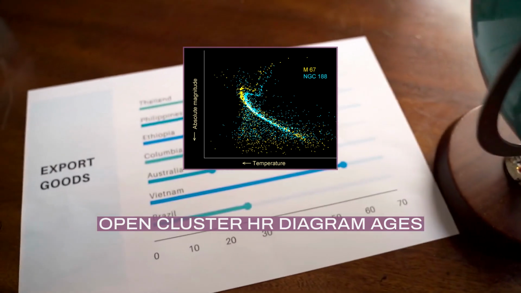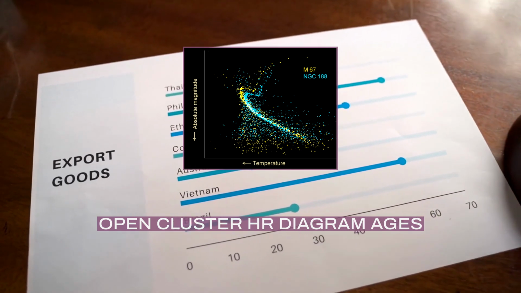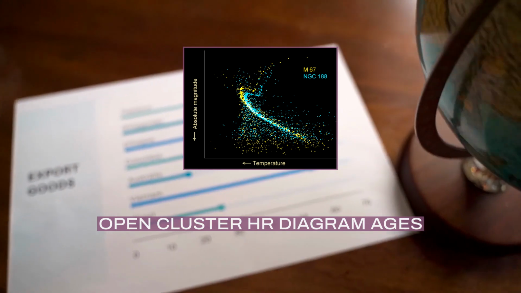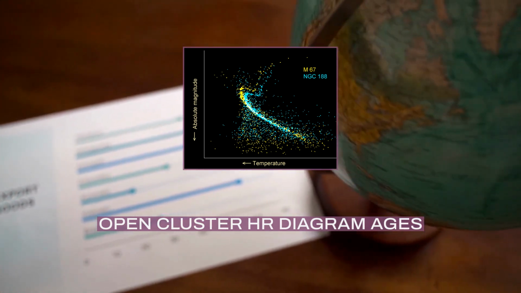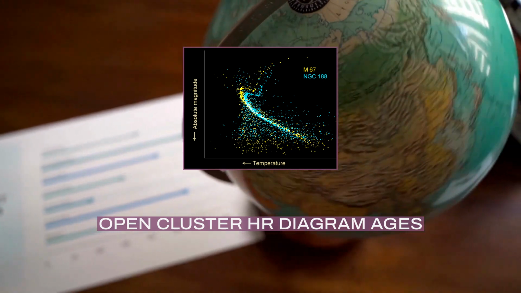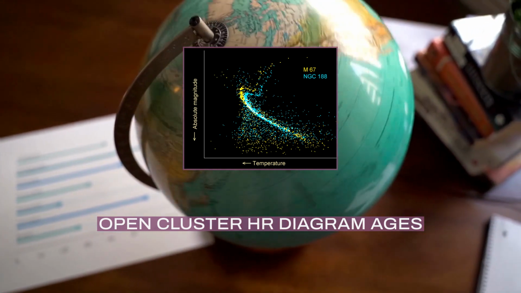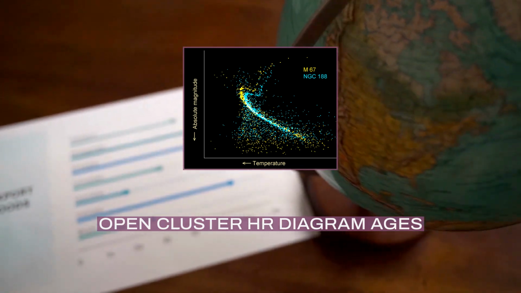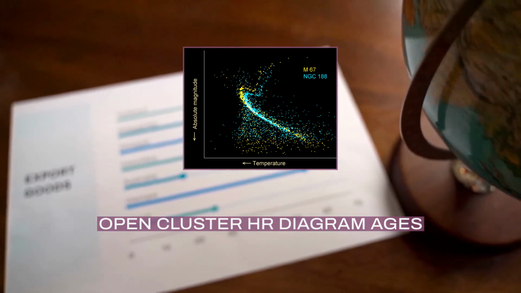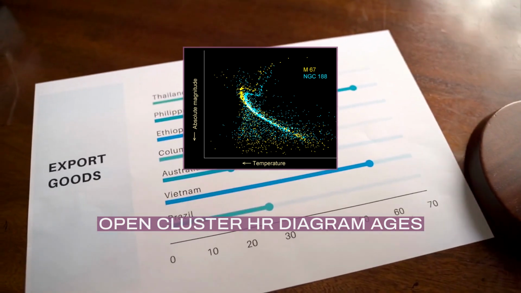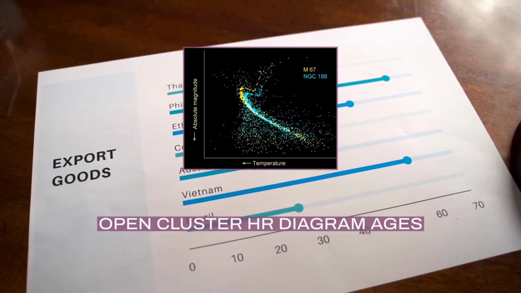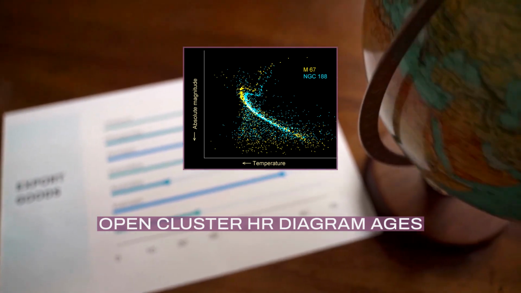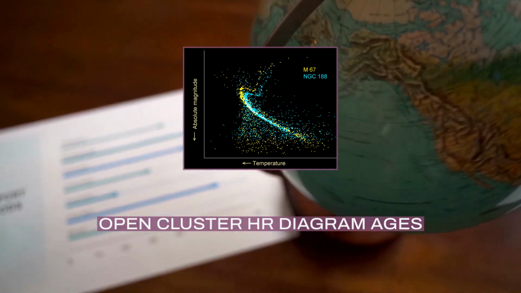There are relatively few on most HR diagrams because the time spent as a subgiant is much less than the time spent on the main sequence or as a giant star. Hot, Class B subgiants are barely distinguishable from the main sequence stars, while cooler subgiants fill a relatively large gap between cool main sequence stars and the red giants. Below approximately spectral type, the region between the main sequence and red giants is entirely empty, with no subgiants.